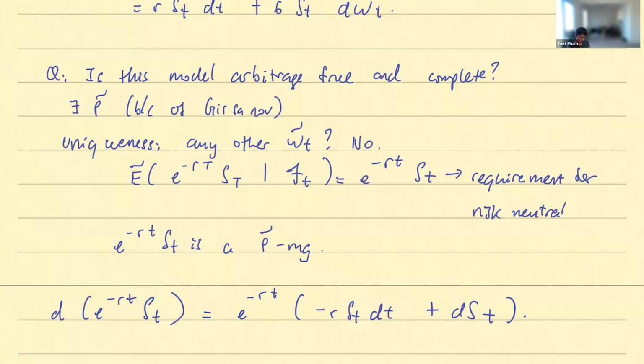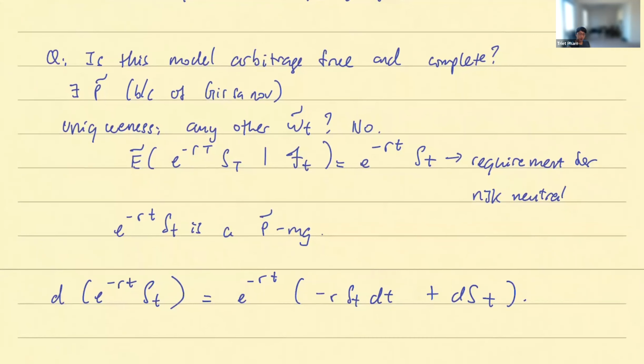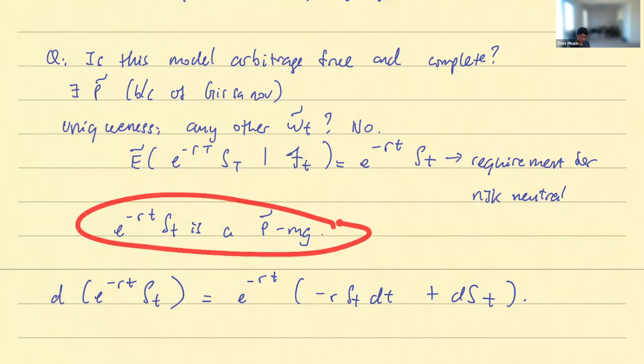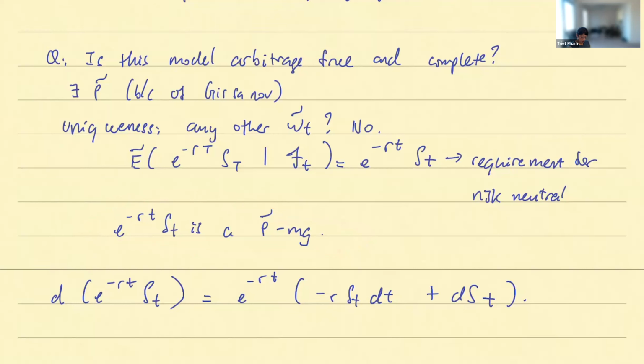So what do I want to say now? What does being a martingale require? Being a martingale requires that the drift, the change, the differential must be a martingale itself.